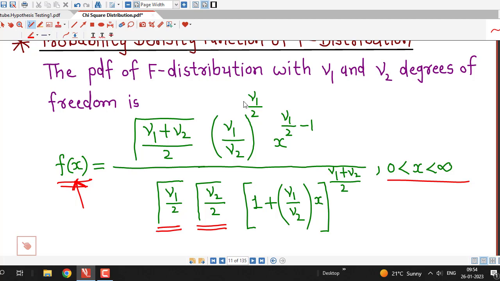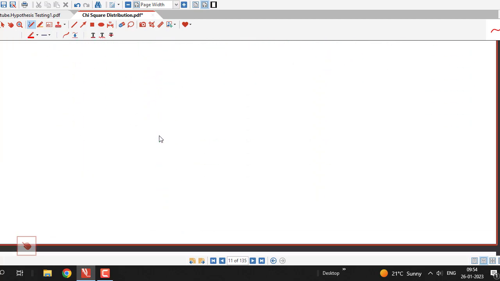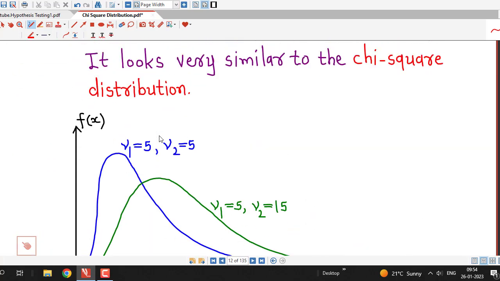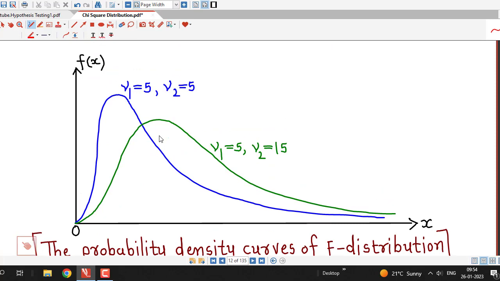So you can understand F distribution in the sense that it depends on the degrees of freedom in the numerator and denominator. Here I have shown two density curves for different degrees of freedom for F distribution. This blue density curve is sketched for nu1 equal to 5 and nu2 equal to 5, and this green density curve is for nu1 equal to 5 degrees of freedom and nu2 equal to 15 degrees of freedom.